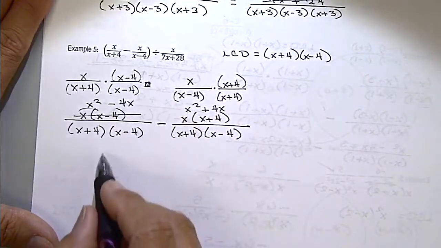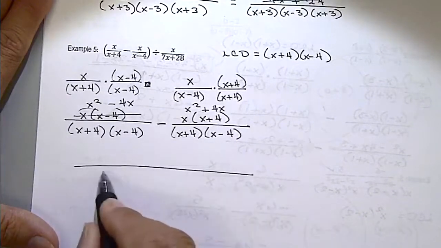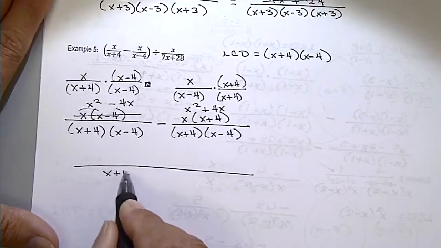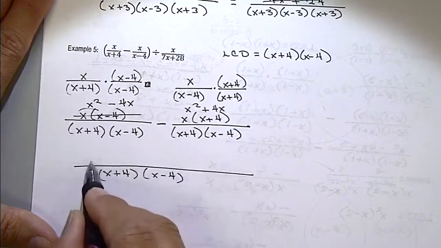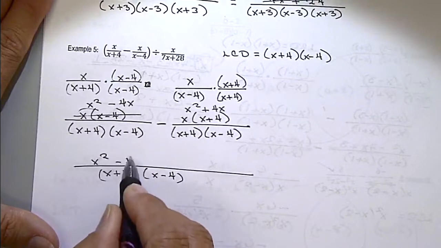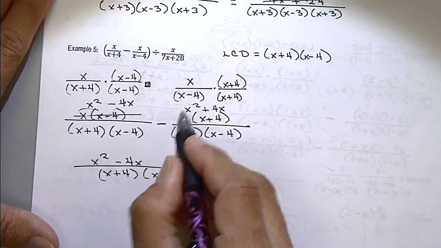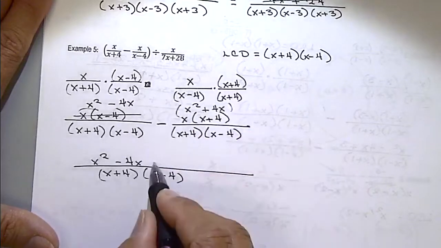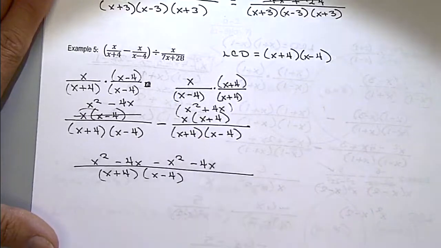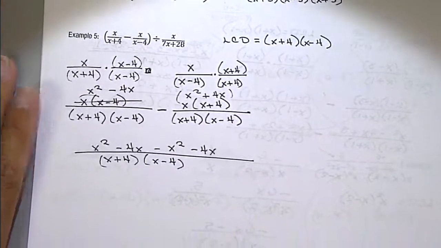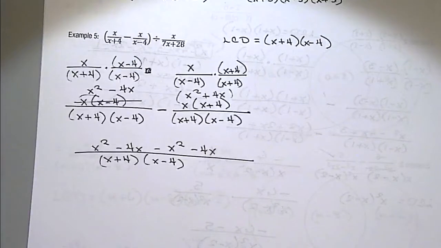So when I put this down here over this common denominator of x plus 4 times x minus 4, I have x squared minus 4x, and I have minus both of those, don't I? Minus x squared minus 4x again. Okay? Don't forget the distributing of the negative, okay?